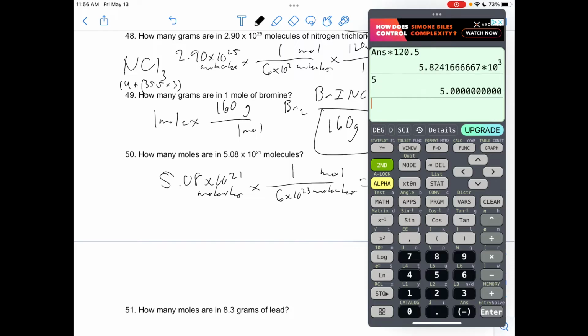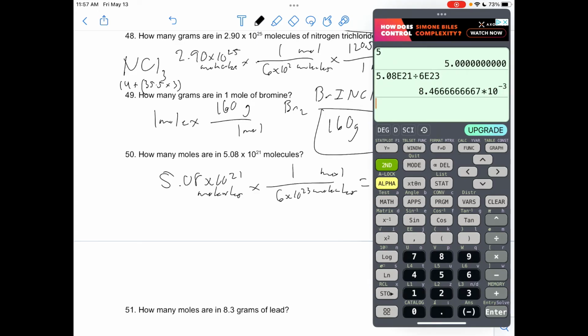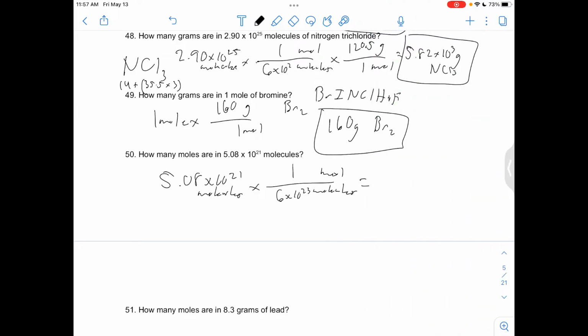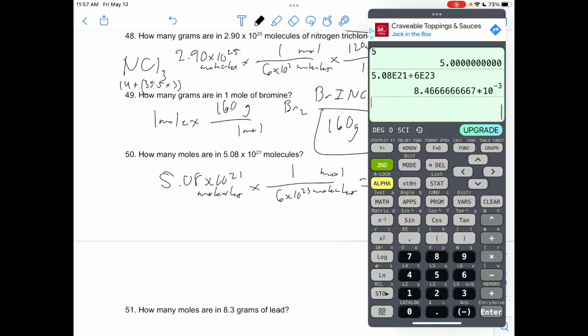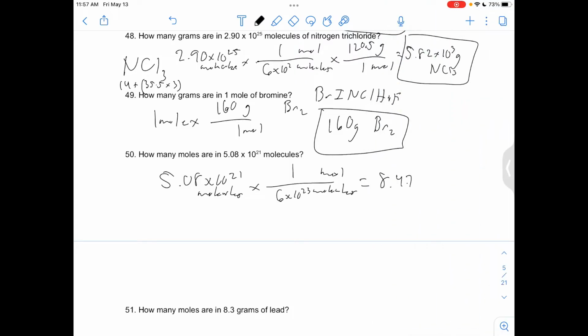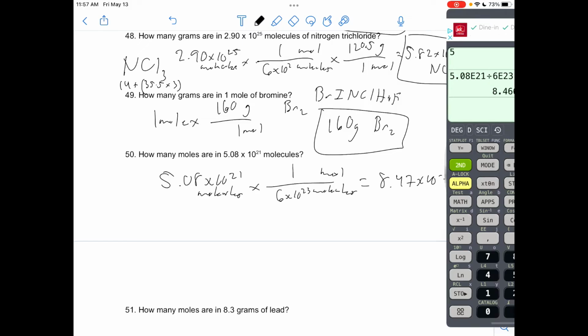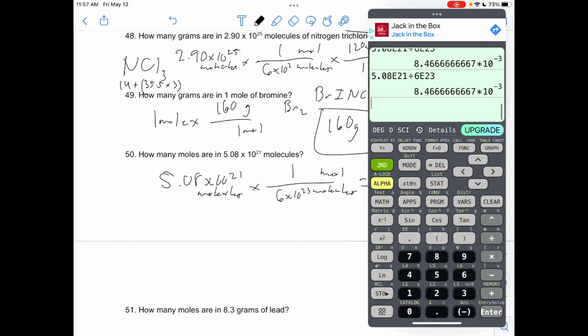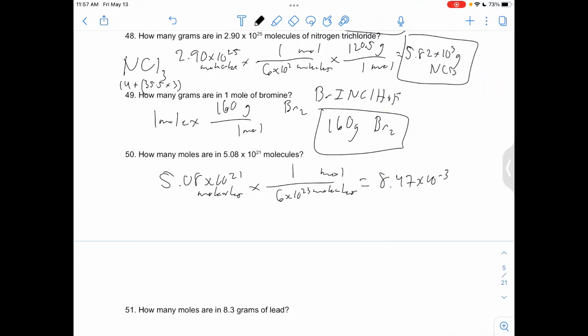Let's see, 5.08E21 divided by 6E23. Okay, 8.47 times 10 to the negative 3rd moles.